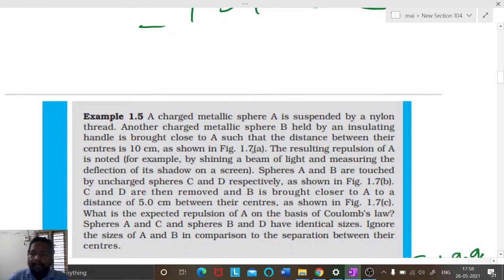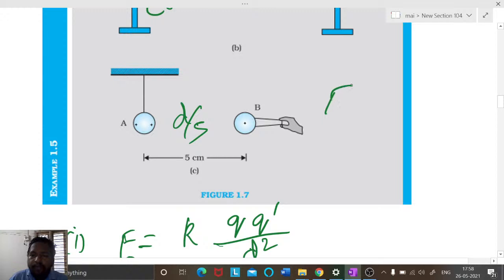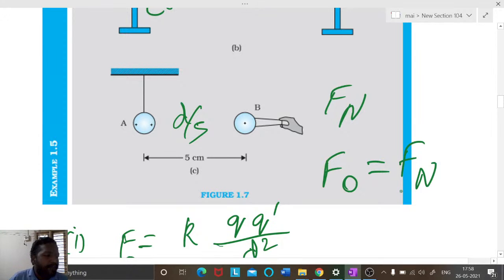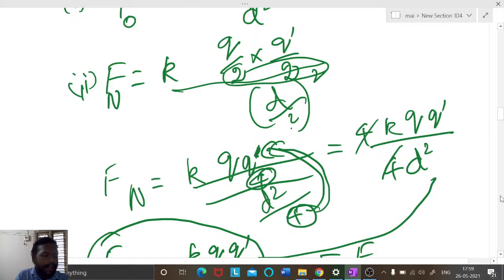Case 1 is force old, and after the modification we take force new. So force old is equal to force new. The force of repulsion does not change, because plus plus will repel each other. It's very simple. Next we'll learn with another problem.